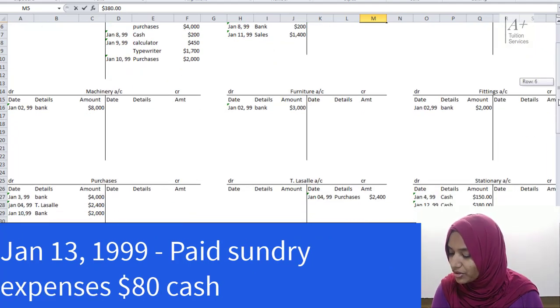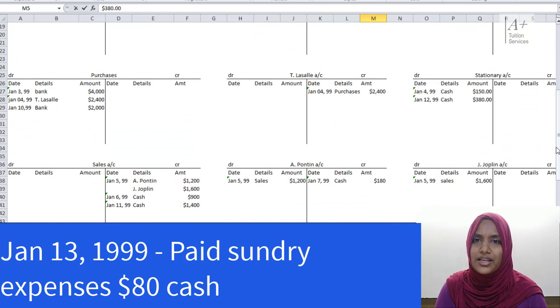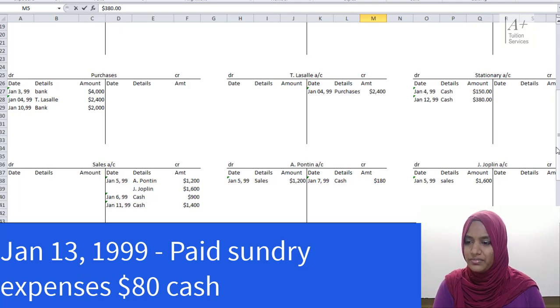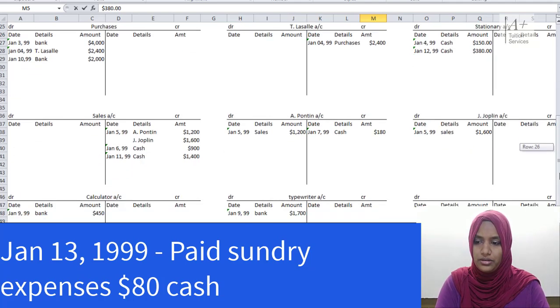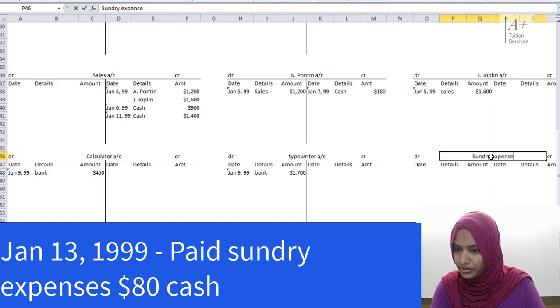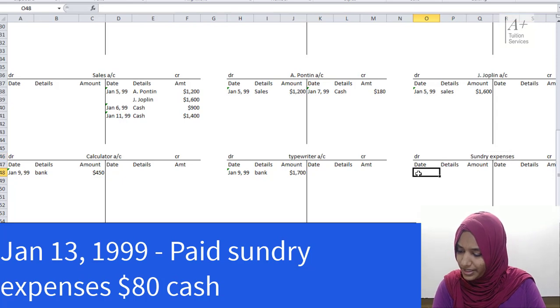Now we have paid sundry expenses, $80 cash. Sundry expenses are usually those minor expenses you have in a business, right? So we go in sundry expenses. We have, that will be debited because we take in cash, $80, right?